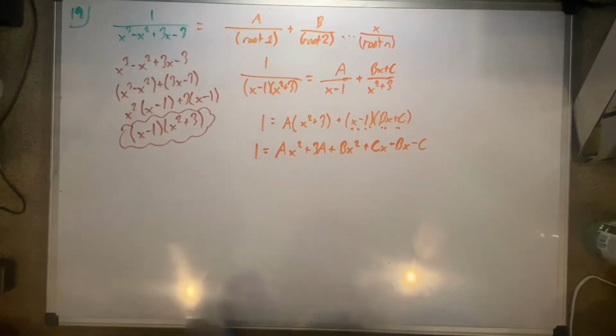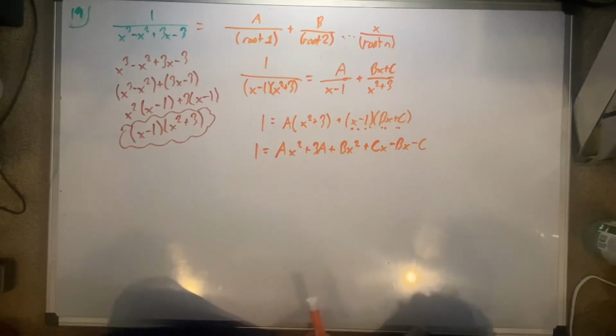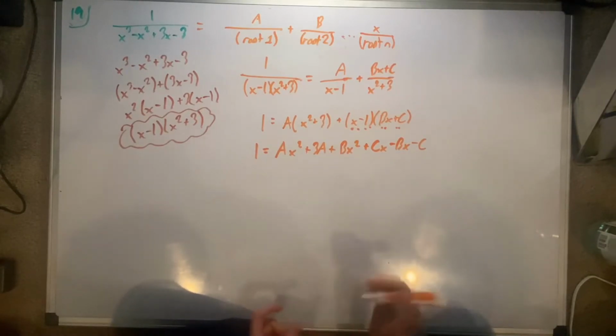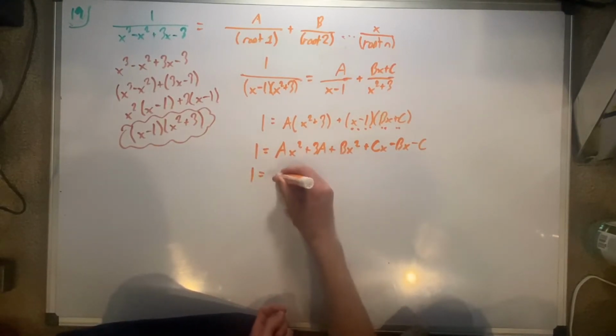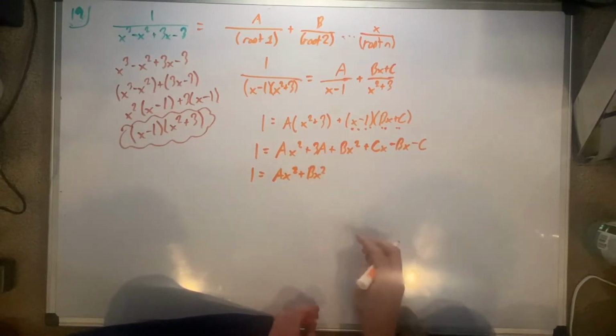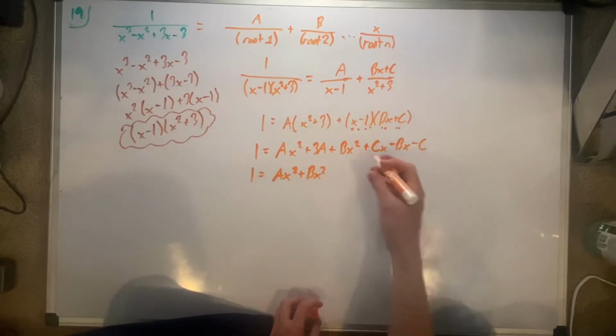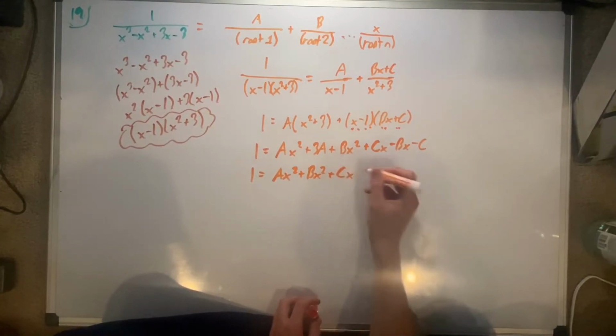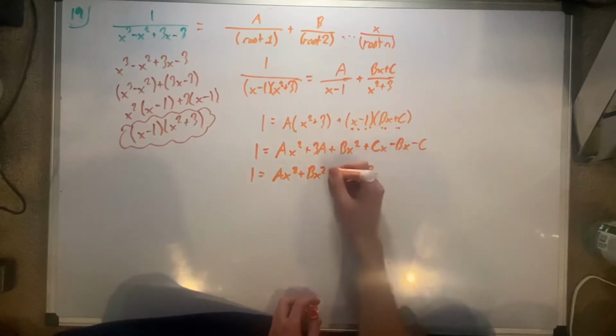Okay, and now if you can take a guess at where I'm about to go, it's very important that you understand how this works. So what I'm going to do is take this and group it by the degree of this x value. So 1 is equal to ax squared plus bx squared. And then I'm going to take the singular x's now, so plus cx minus bx.